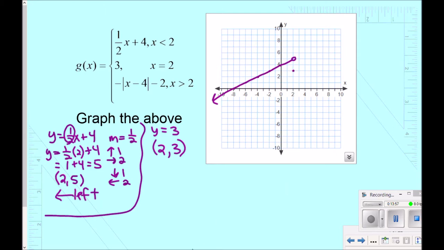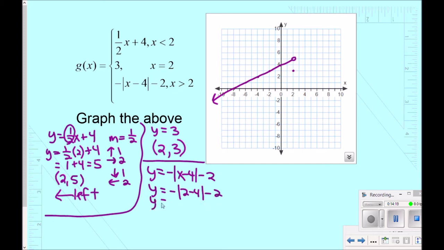Okay. The last piece that we're going to graph is here. Y equals negative the absolute value of x minus 4 minus 2. So we're going to substitute in 2 to see where we start the graph. So y equals negative absolute value of 2 minus 4, absolute value minus 2.